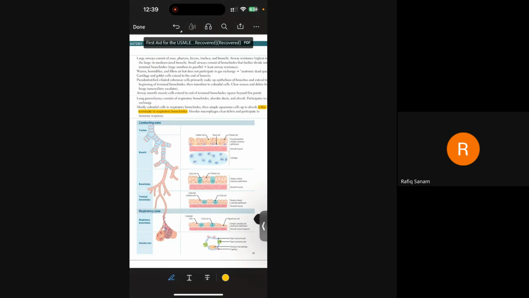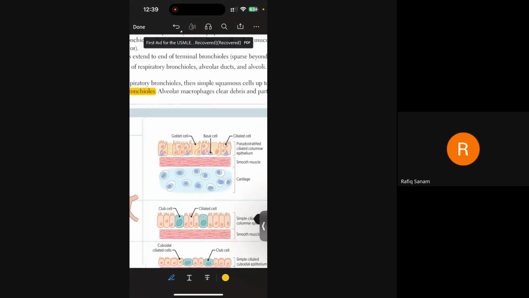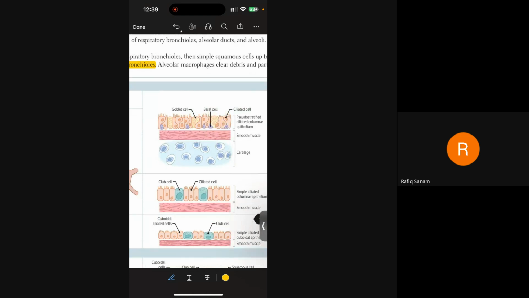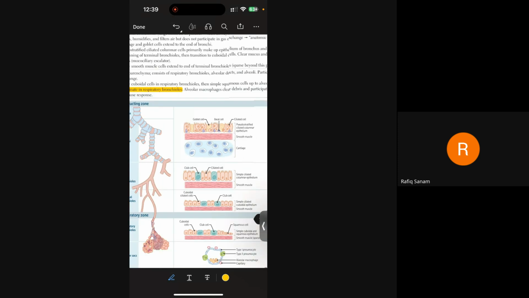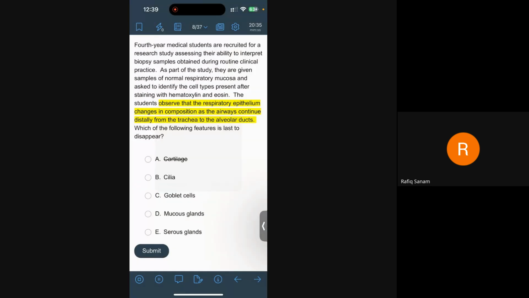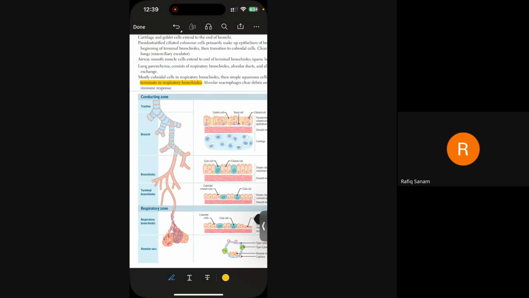These are the goblet cells, and the mucosal cells are going to get eliminated when they reach the bronchial stages. So goblet cells, mucus glands, and serous glands are no longer present.